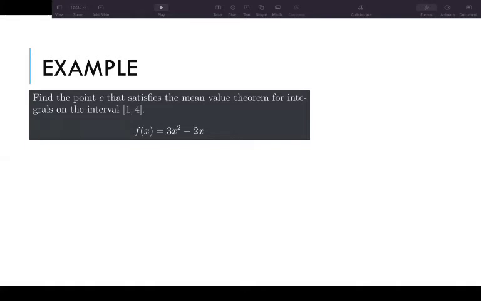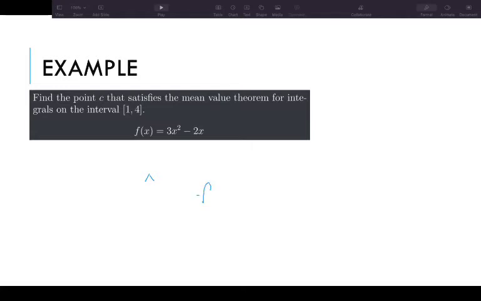This means that we have to find the mean value for this function. So we have f(x) equals 3x squared minus 2x.